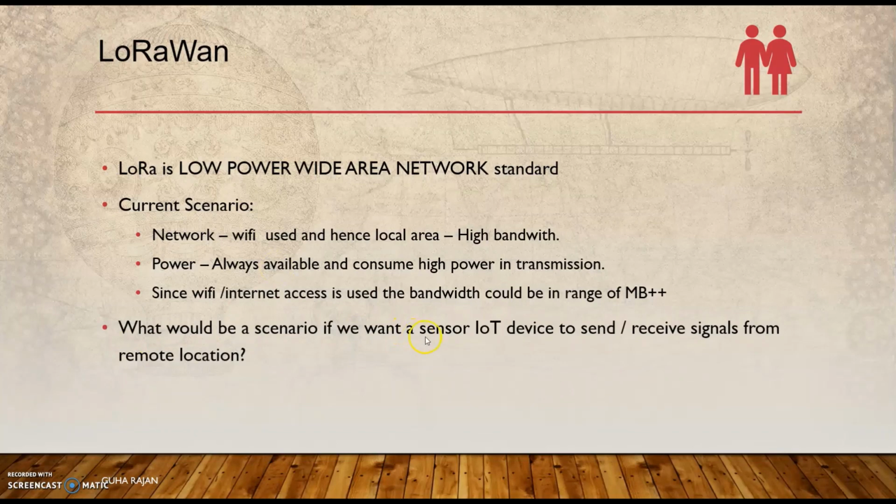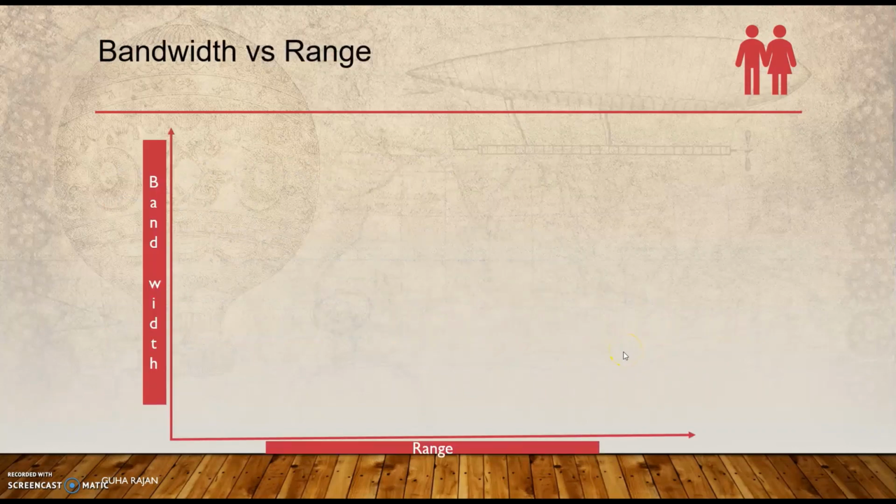So what would be the scenario? Whatever we discussed, if you want a sensor device to send or receive signals from a remote location, that is where LoRaWAN comes into the picture.